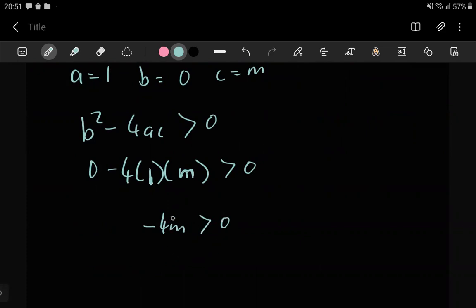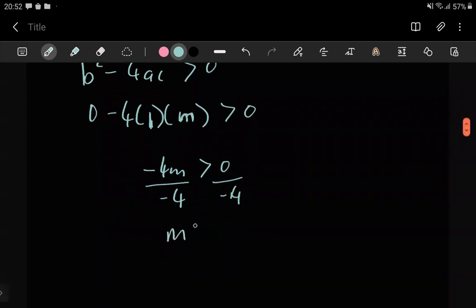And then if you divide by a negative, m is smaller than 0. So we have to choose a value for m that is smaller than 0.